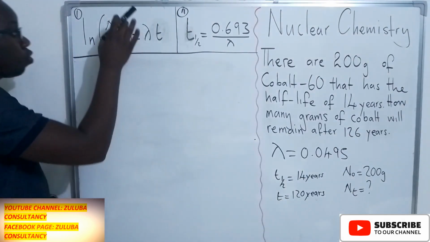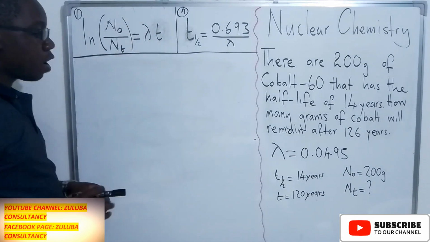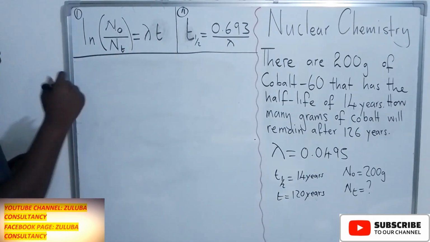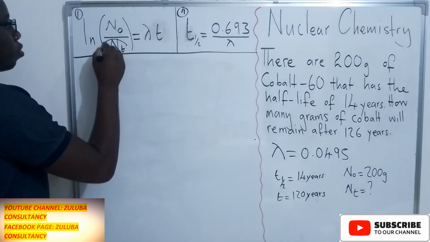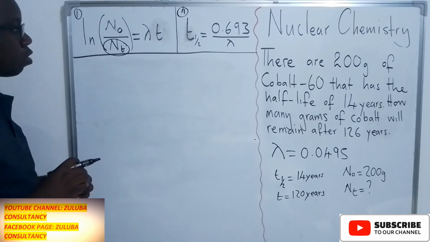Now we are going to use the first equation for us to find the mass. The mass we want to find is the one in the denominator in the bracket.